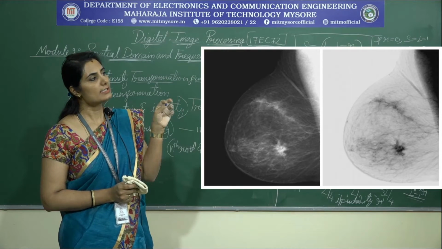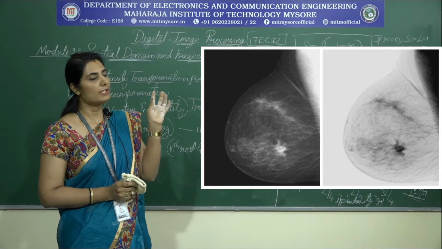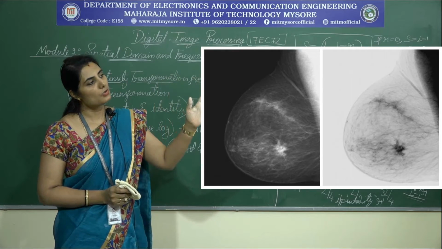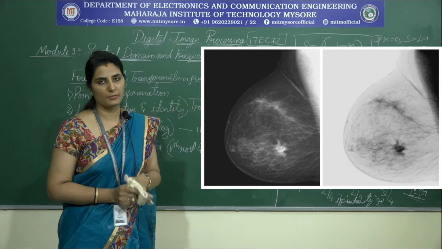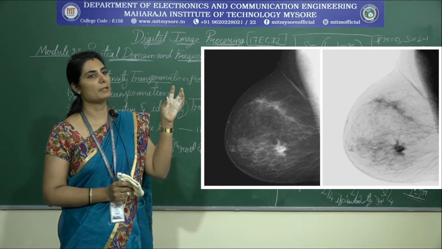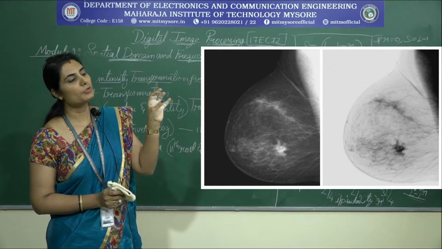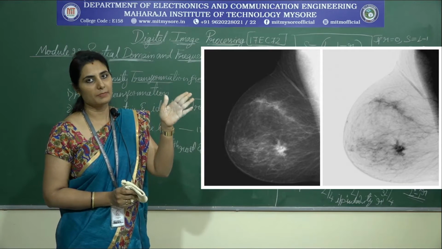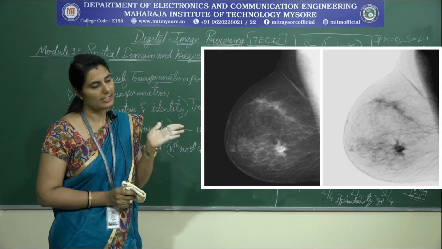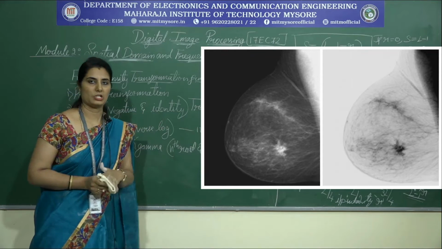To extract the details of that particular lesion, we need to convert it into negative form. Figure B shows the result of the negative transformation, where you can observe that the lesion appears darker. The breast tissue can be viewed in more detail in figure B, after negative transformation, compared to the original image. So in these applications we use negative transformations.